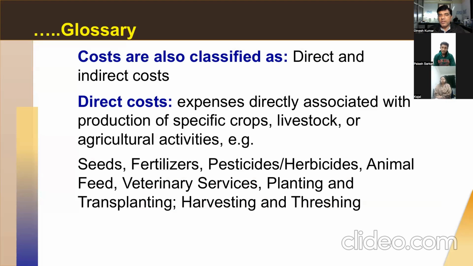Direct costs are expenses directly associated with production of specific crops, livestock, or agricultural activity. For any enterprise, you are using certain direct expenses. They are your direct cost. For example, seed, fertilizer, pesticide, herbicide, animal feed, veterinary services, planting, transplanting; the money spent on these comes under direct cost.